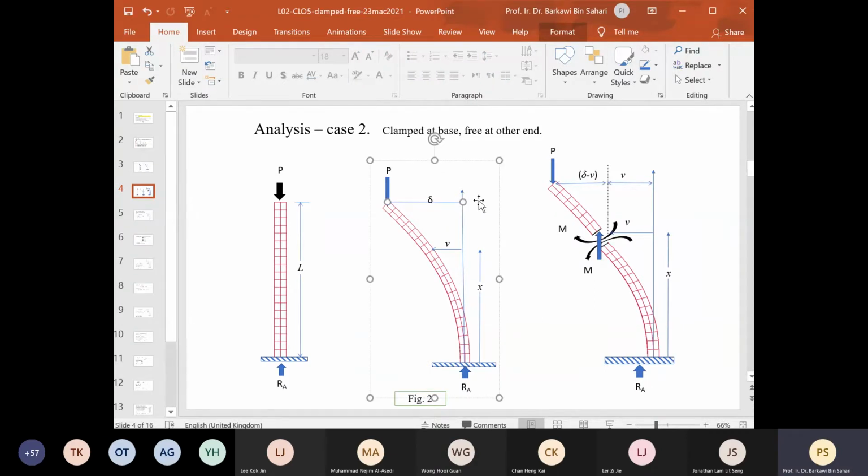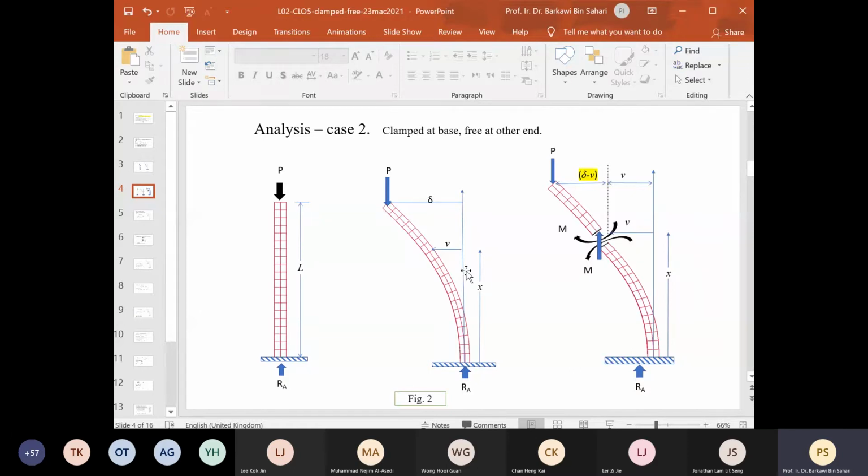Now the distance between P at the top and the place where we cut is delta minus V, because the total length is delta, and at the place of the cut there's a displacement V. So the distance between P and the location where we cut is delta minus V, and this is an important quantity when it comes to equilibrium.